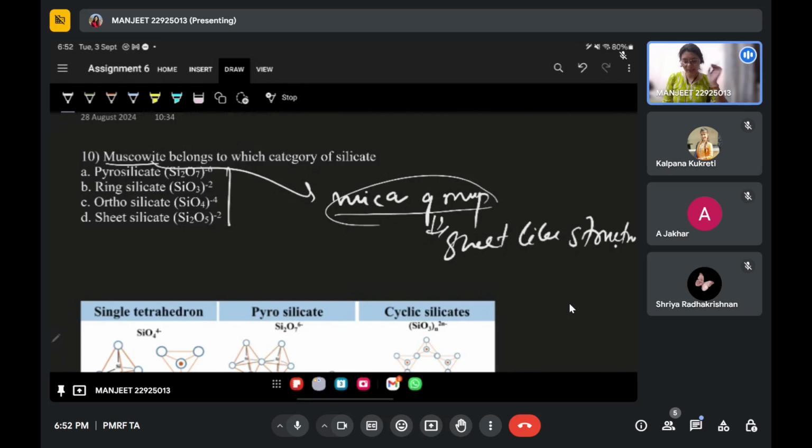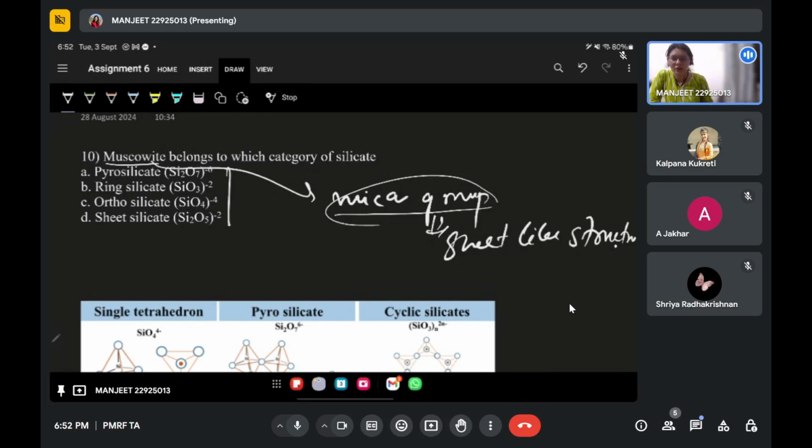In the following examples we have pyrosilicate, ring silicate, orthosilicate, and sheet silicate. In the pyro we already said there is one oxygen, so it's not like a sheet structure. Ring is also not a sheet structure. Ortho is also not a sheet-like structure. Sheet silicate is basically where the silicates are in the sheet structure.